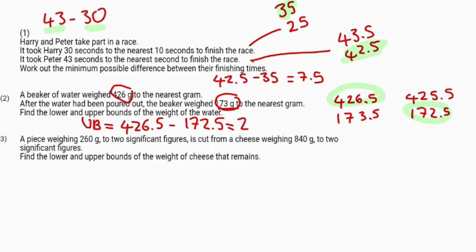To get a lower bound, we need the lowest one, the smallest value, minus the highest one, the biggest value.